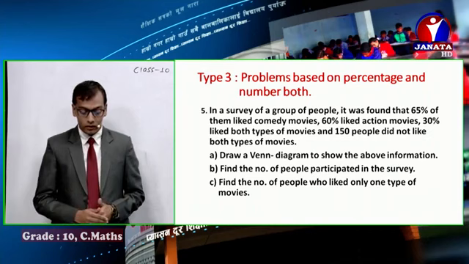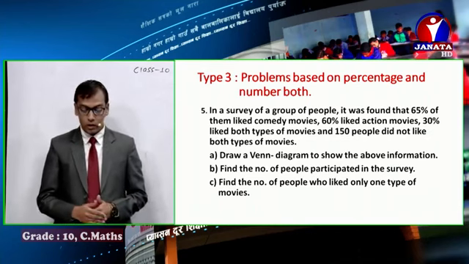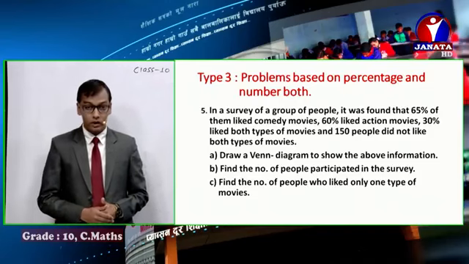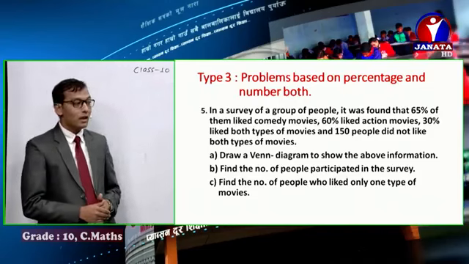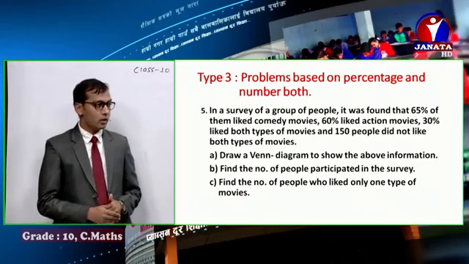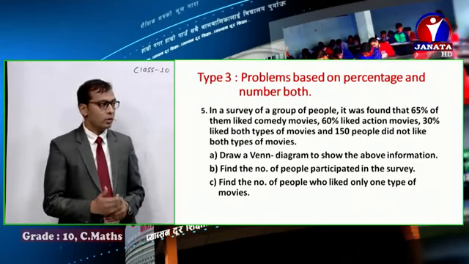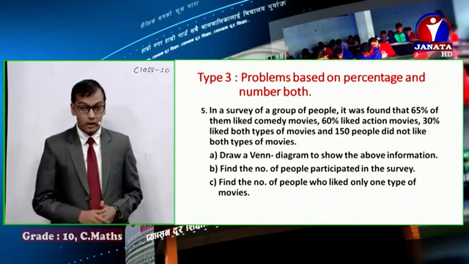In a survey of a group of people, it was found that 65% of them liked comedy movies, 60% liked action movies, 30% liked both types of movies, and 150 people did not like either type of movie.